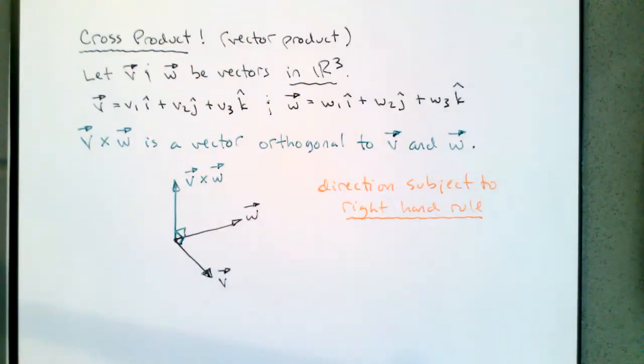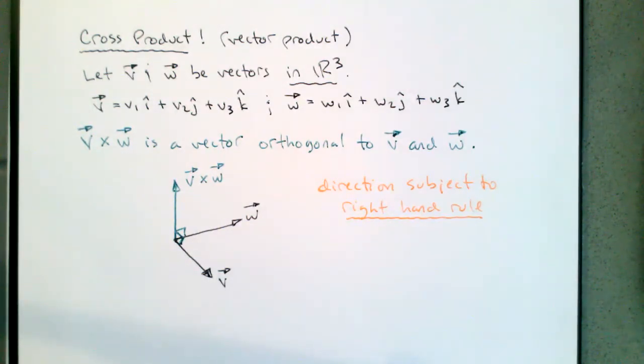So you point in the direction of V with your right hand and curl your fingers towards W, and that will tell you the direction of V cross W. The important thing to recognize is that the cross product is not commutative.